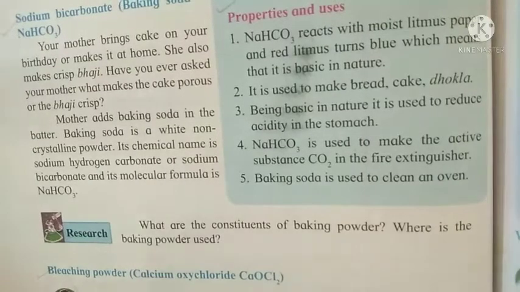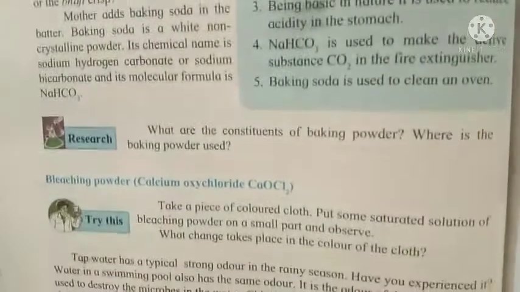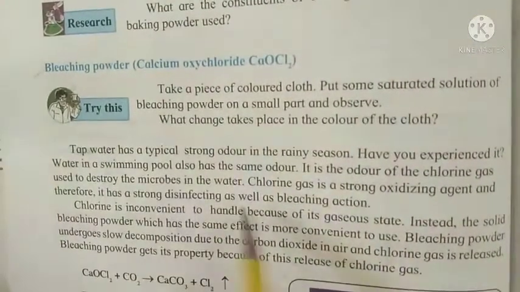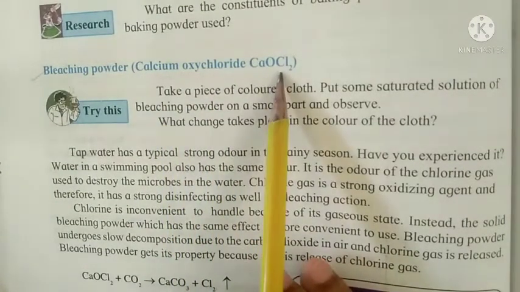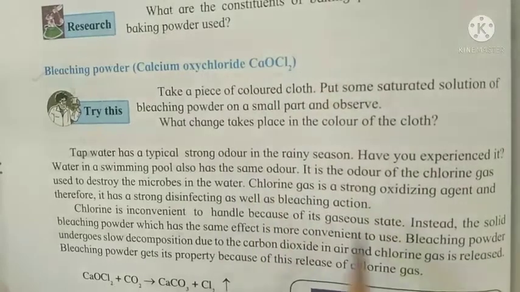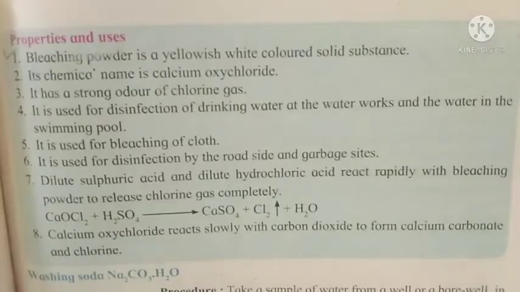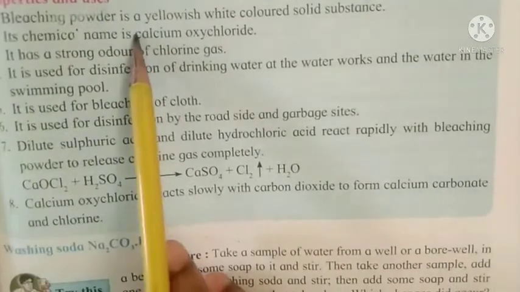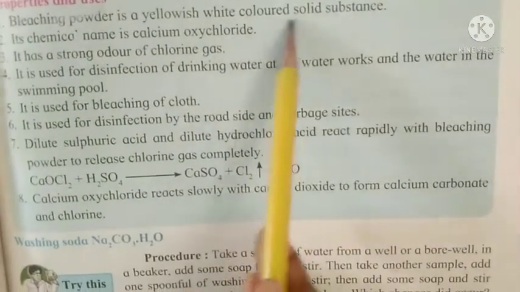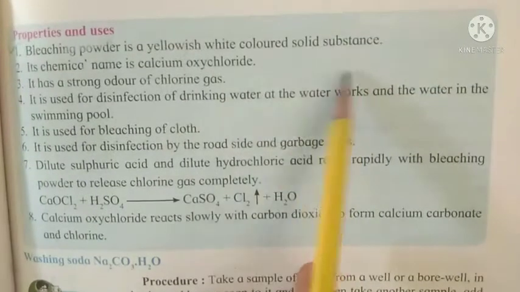Then the next one is bleaching powder, that is calcium oxychloride, molecular formula CaOCl2. See properties and uses. It is a yellowish white colored solid substance.